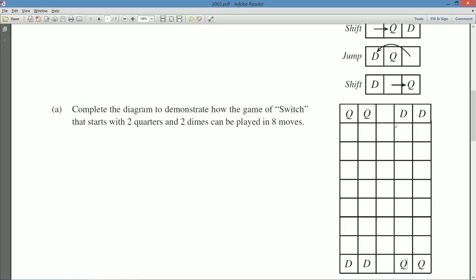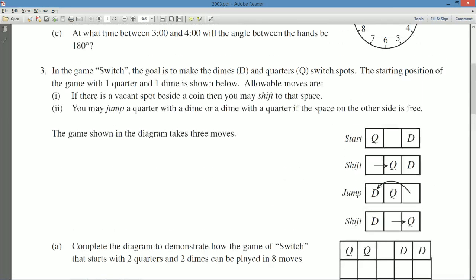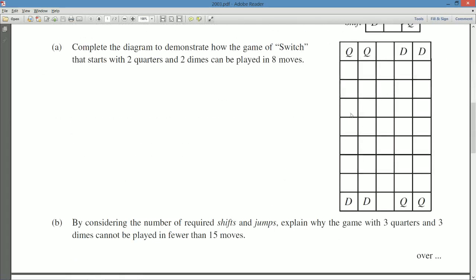And this first dime, he jumps, and then eventually he shifts over, and the second dime follows him in. Dimes can't jump dimes, so that's part of the rules of the jump. It has to be quarter with dime or dime with quarter. So I think the relative order of the quarters and the relative order of the dimes has to stay the same. Is this helpful, or is this just a distraction I'm coming up with?